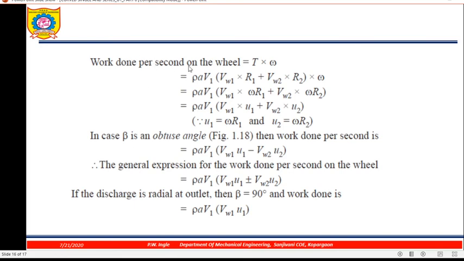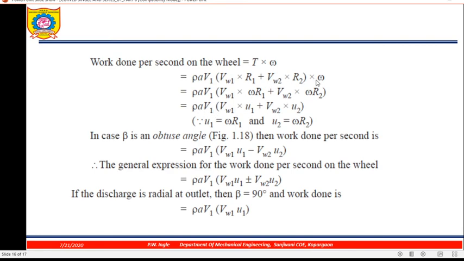Now, what is the work done per second? Work done per second equals torque into angular velocity. So it is rho A V1 in bracket VW1 into R1 plus VW2 into R2, into W. So rho A V1 in bracket VW1 into WR1 plus VW2 into WR2.